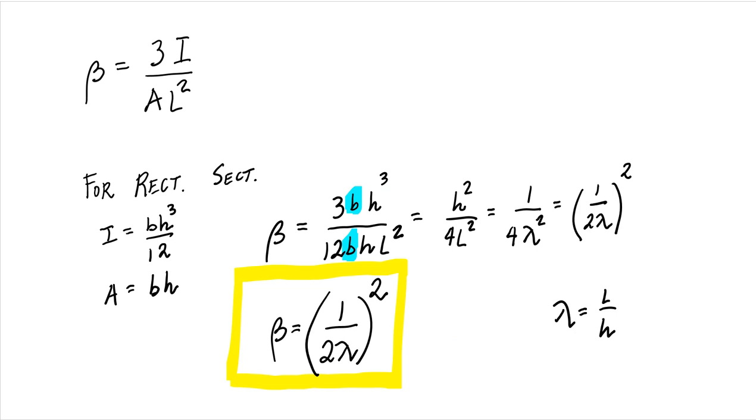If we want to look at that in the case of a specific type of cross-section, so let's say we're looking at a rectangular cross-section, this value of beta comes out to be 1 over 2 lambda squared, where lambda is the length divided by the depth of the section.